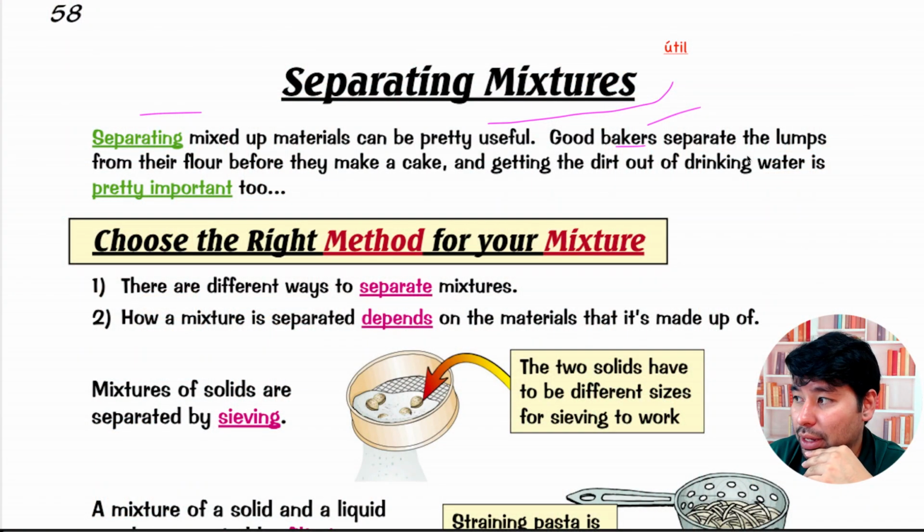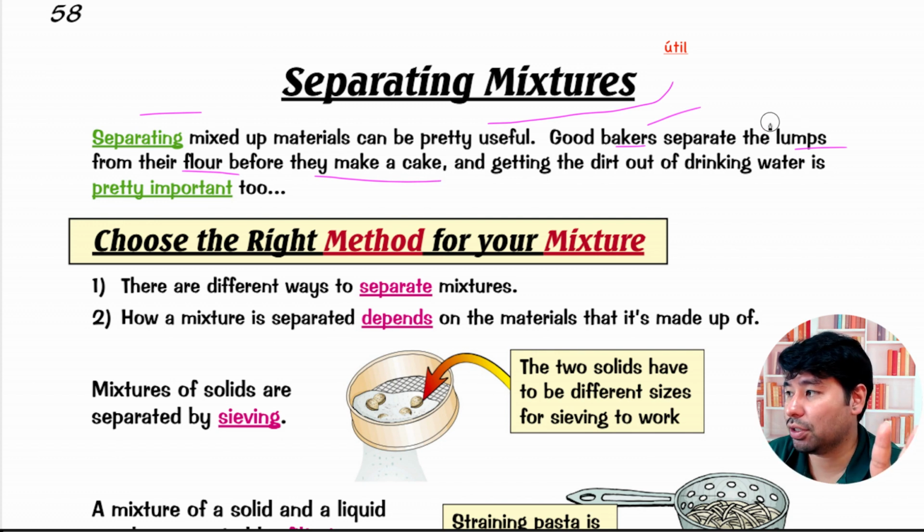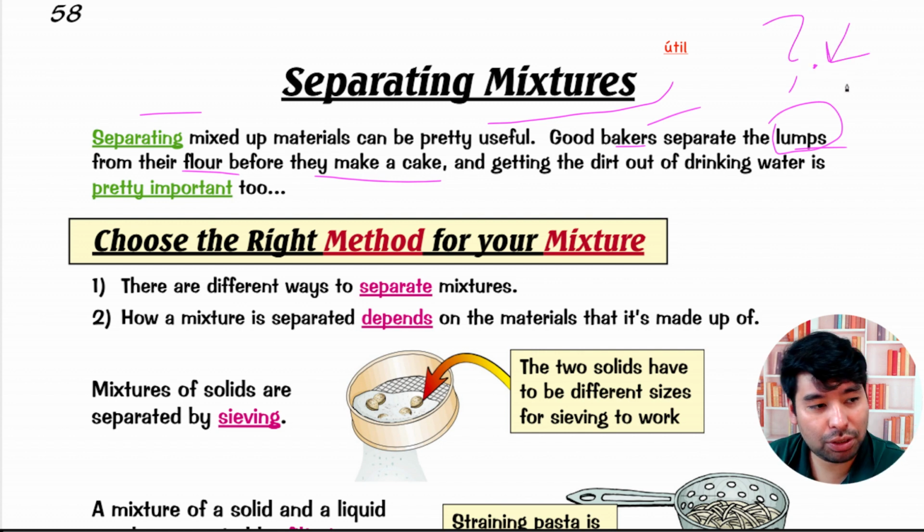Okay. And this: they separate the lumps from their flour before they make a cake. So we're talking about flour and lumps. Teacher, I don't know what lumps is. So this is, again, search that by yourself. This is one more homework. Teacher, what is lumps in Portuguese? Get that for me. Flour, I can help you.